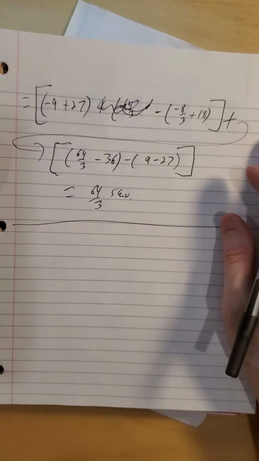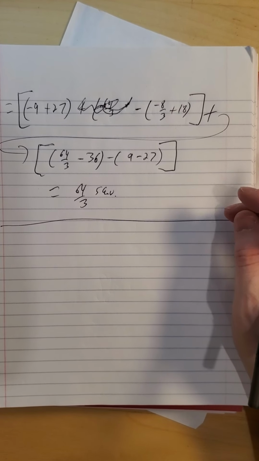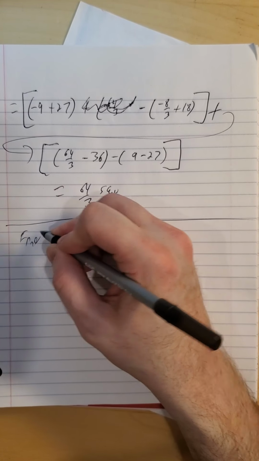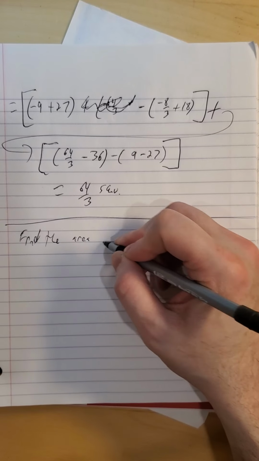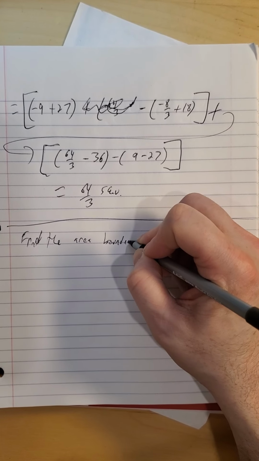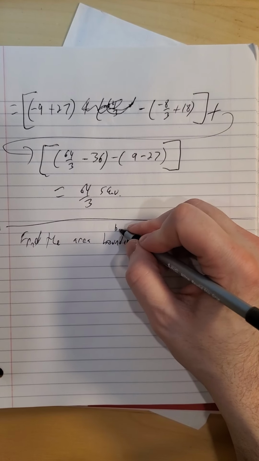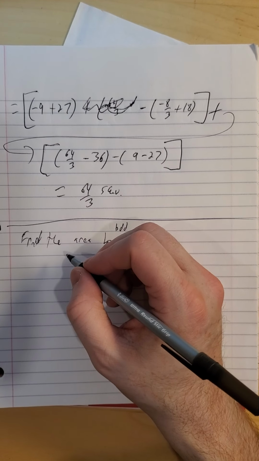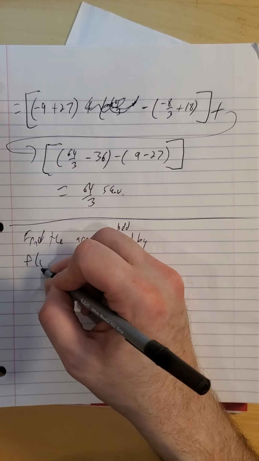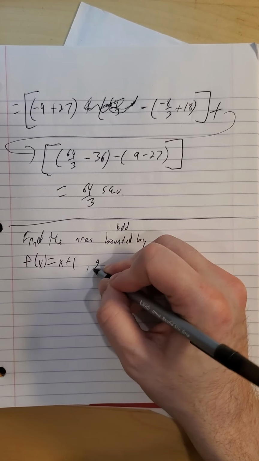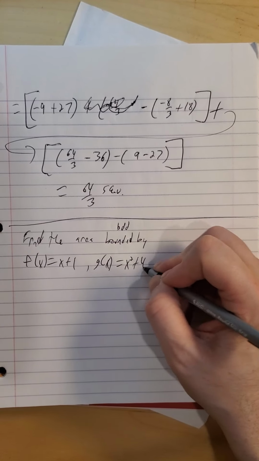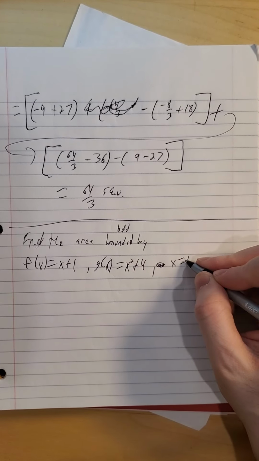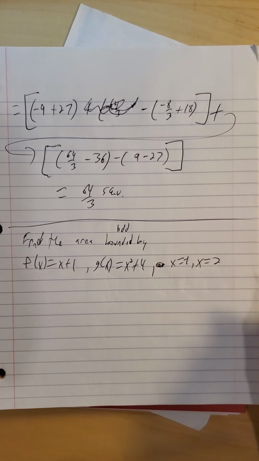Okay, so then the next ones, look at what happens if we don't just have the x-axis every time. So we're going to find the area bounded by, you'll sometimes see bounded abbreviated as BDD, f of x is x plus 1, and g of x is x squared plus 4, x is negative 1, and x is positive 2.